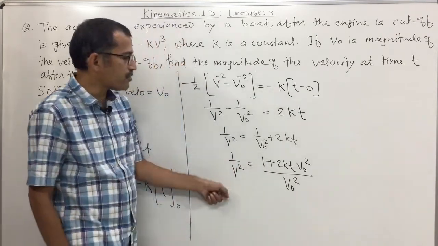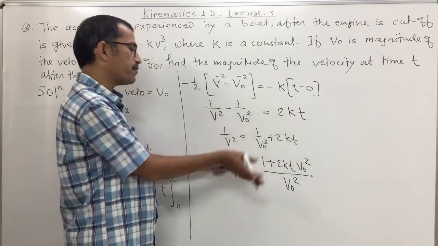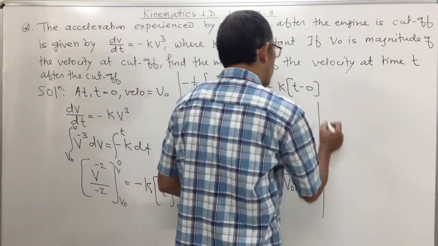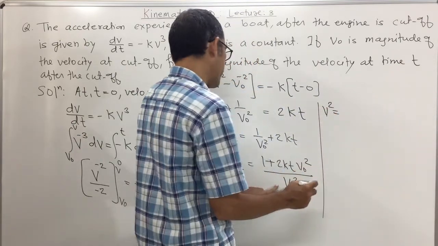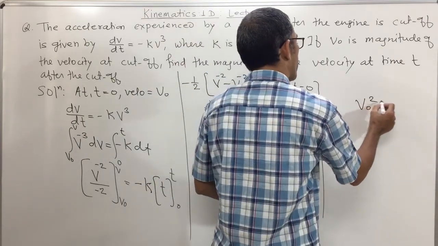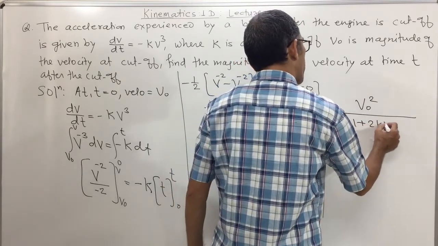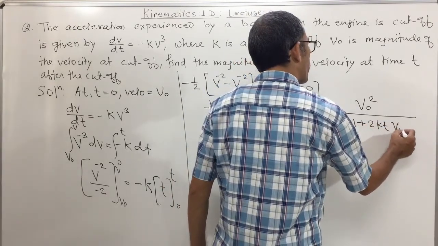I think 1 upon v square is this value, so v square will be, numerator becomes denominator and denominator numerator, v naught square upon 1 plus 2kt v naught square.